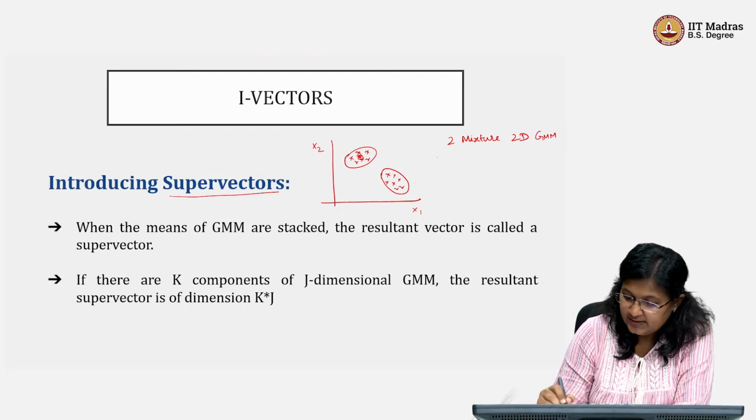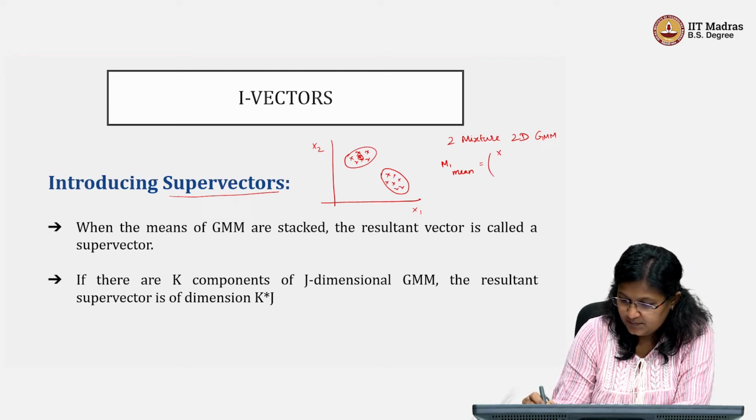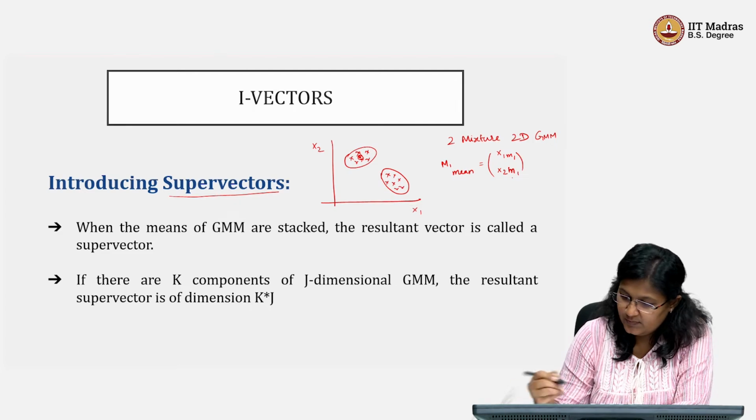How do I represent that? Mixture 1 mean is given by x1 m1, x2 m1.